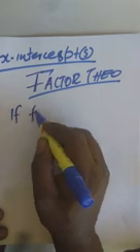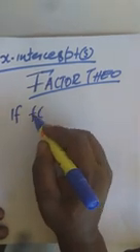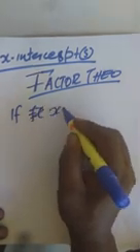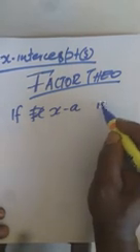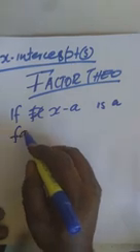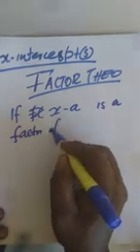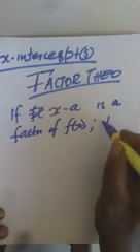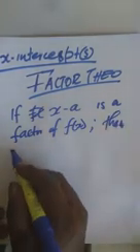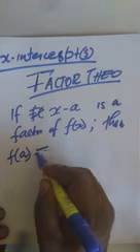Factor theorem: if x minus a is a factor of f of x, then f at a is equal to 0.